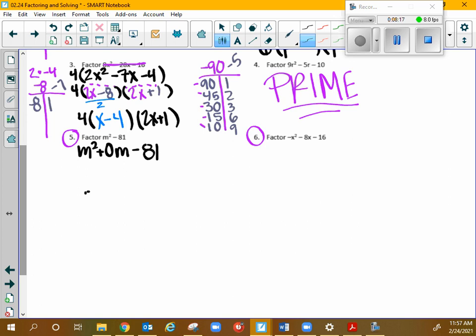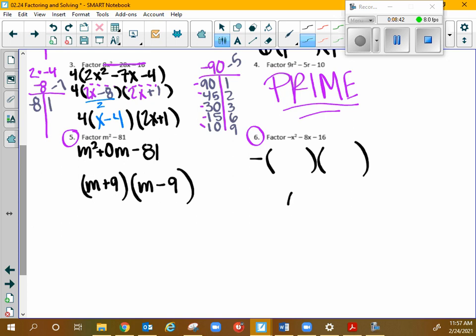That way you can really break down A, B, and C, and you're not making any errors. So when we factor that, what are my 2 factors? M minus 9, m plus 9. Good.